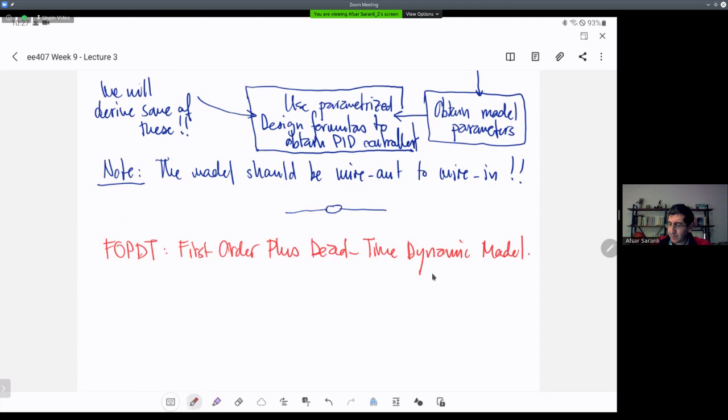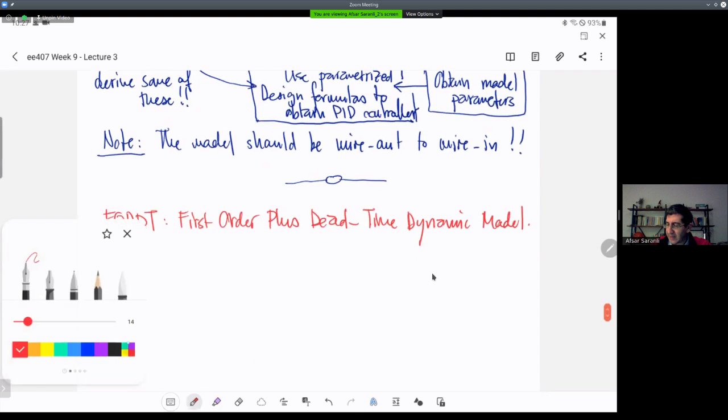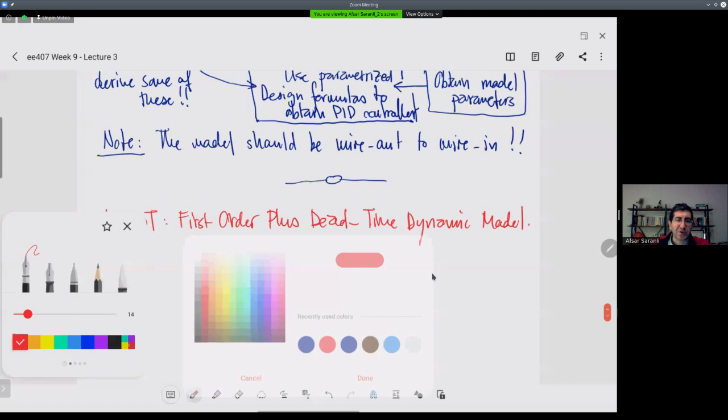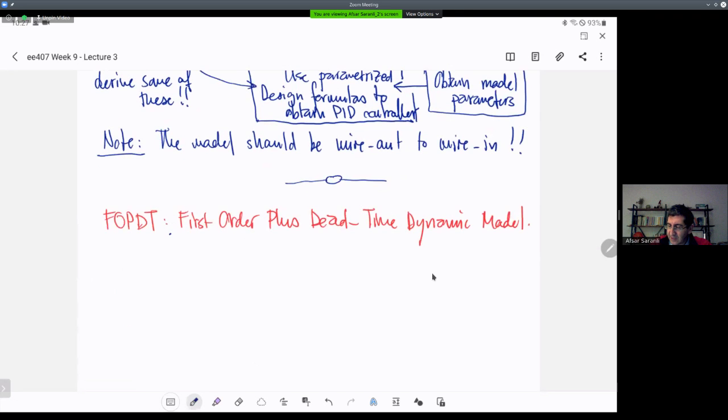Now, what is the difference of this model from, for example, the first order or second order models that we have derived? In fact, there is also second order plus dead time as well. So what is this?